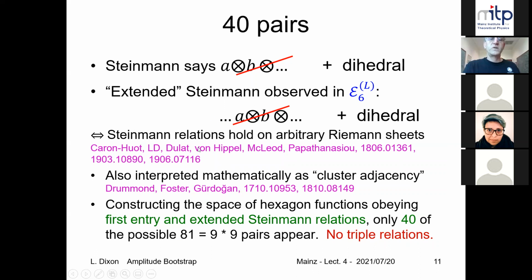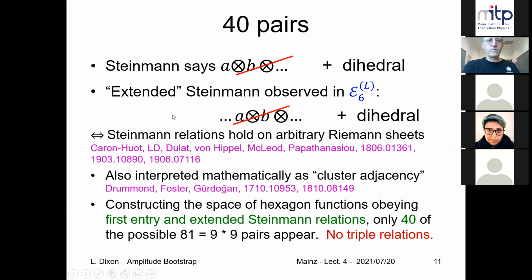One interpretation of that is that the Steinmann relation should hold on arbitrary Riemann sheets. The basic idea is that you can get from one Riemann sheet to another by moving across some other discontinuity, taking a discontinuity in some other variable out here, not shown.